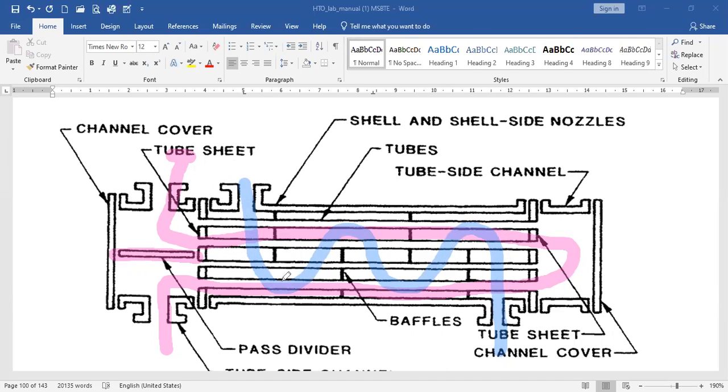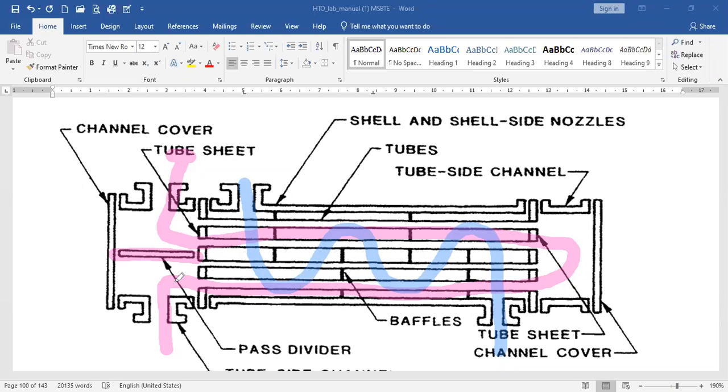If it is going to pass only once, then the first number indicates the shell side fluid, and in 1-2 the second number indicates the two passes of the tube side. So the first number indicates the shell side fluid passes, and the second number indicates the tube side fluid passes.